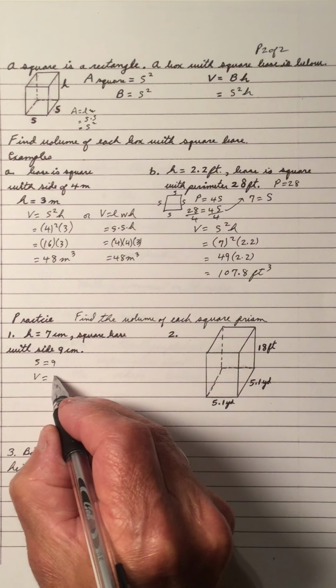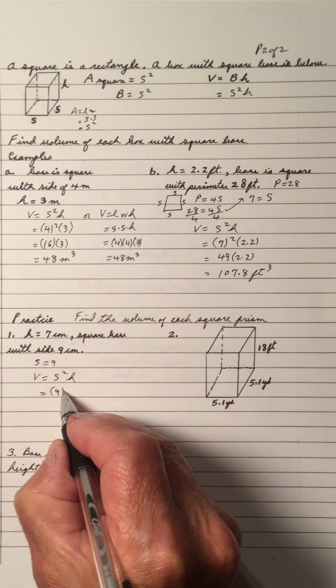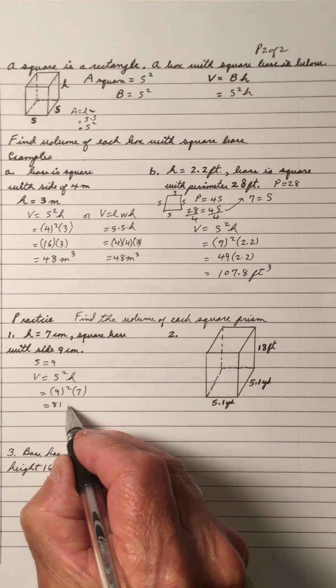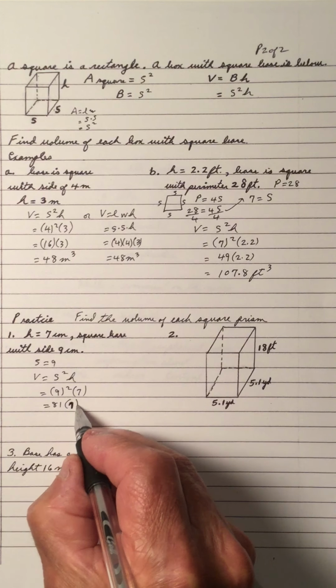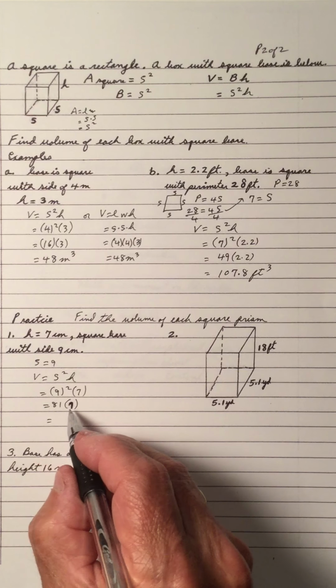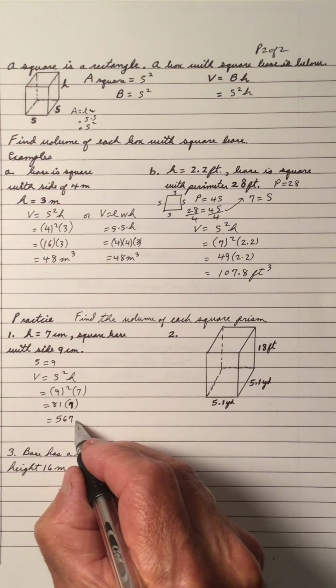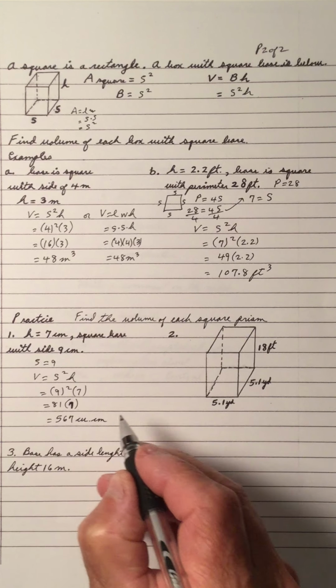So V equals S squared H, that's 9 squared times 7, 81 times 7, and we have 567, and let's write cu for cubic, so we got cubic centimeters.